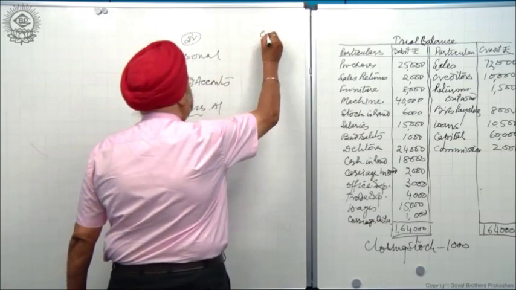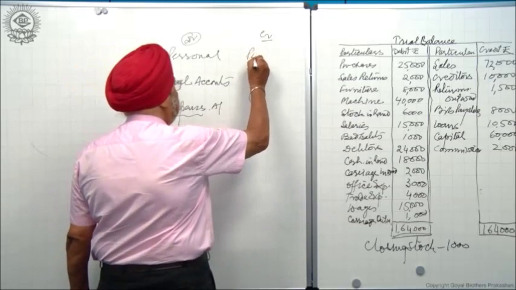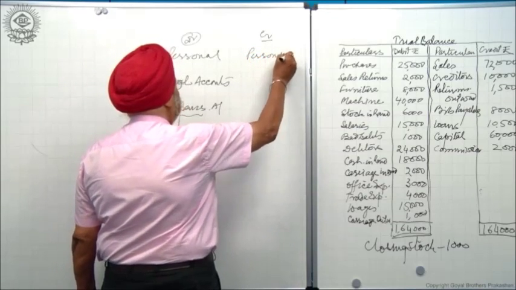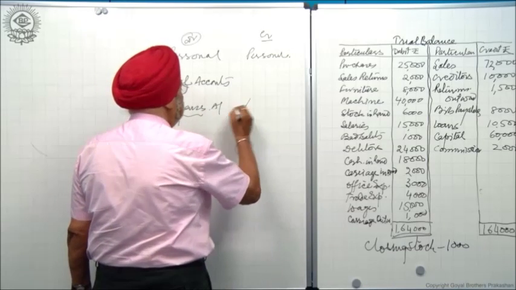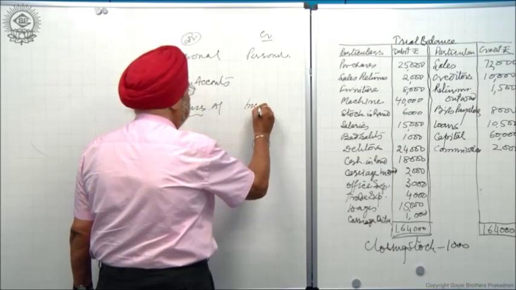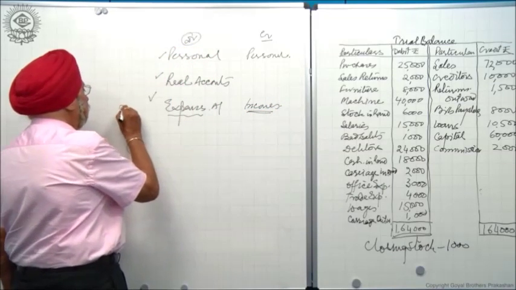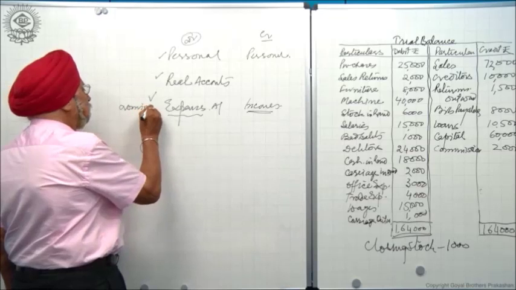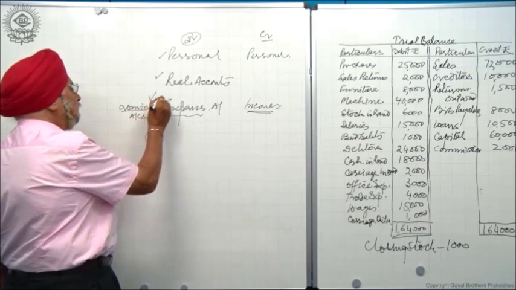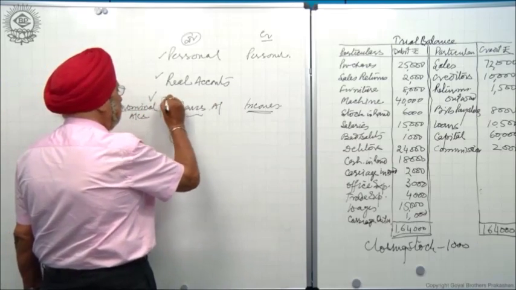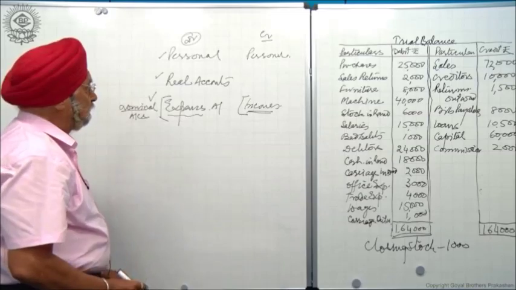On the credit side, we have only two. One are personal, the other are expenses and incomes. Expenses are on the debit side and incomes will be on the credit side. These are also called nominal accounts. Expenses and incomes. Incomes on the credit side.